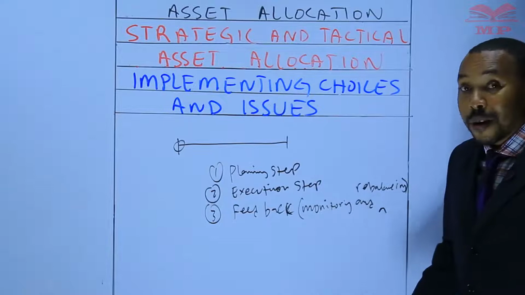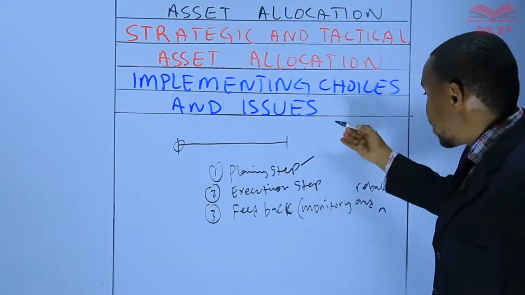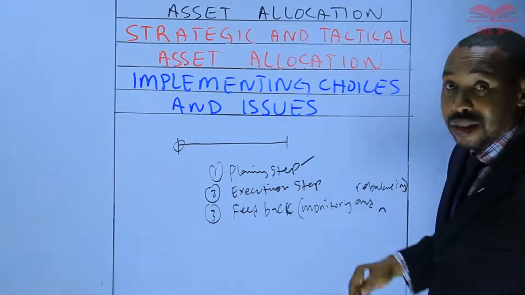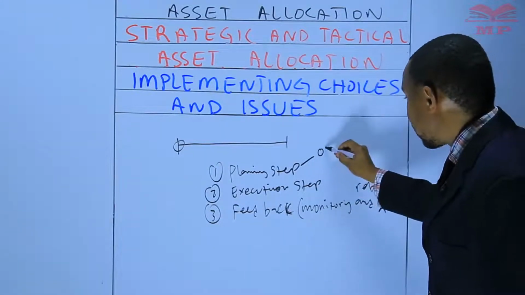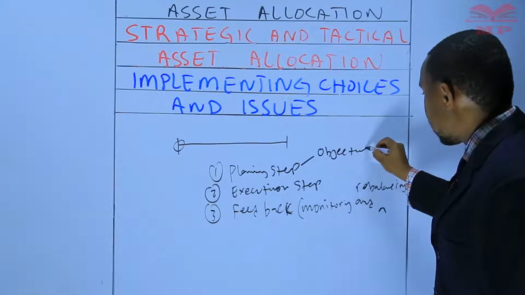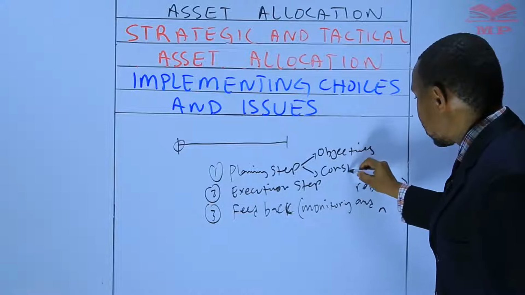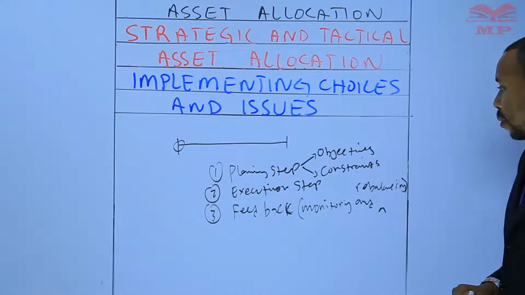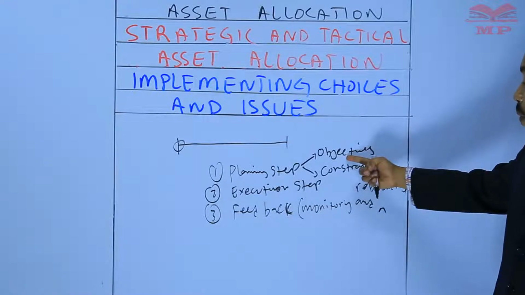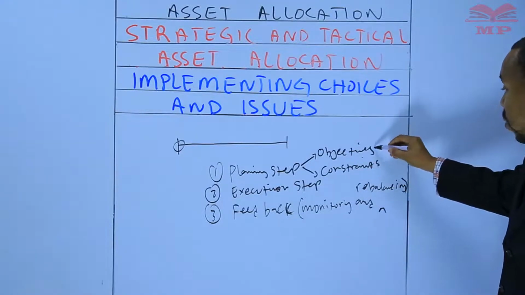Under the planning step, we need to identify either the strategic asset allocation or tactical asset allocation. So we formulate the objectives against constraints. The objectives of a portfolio are risk and return.